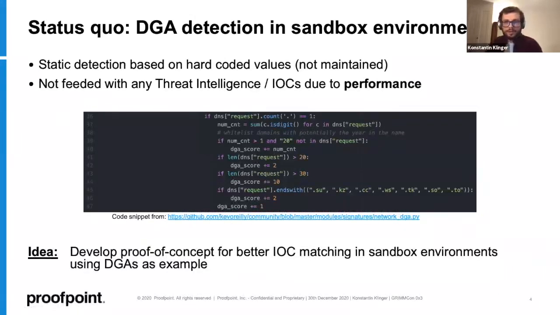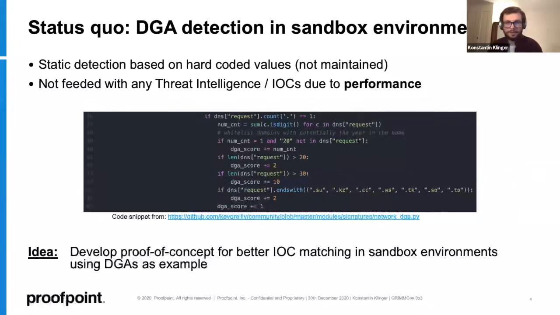But there are plenty of other DGA domains that do not fit into this approach and will let the signature not fire on it. So that's a problem. The signature is not fed with any threat intelligence or IOCs, which means that known DGA domains are not detected and checked against the DNS requests of a sandbox run at the moment.